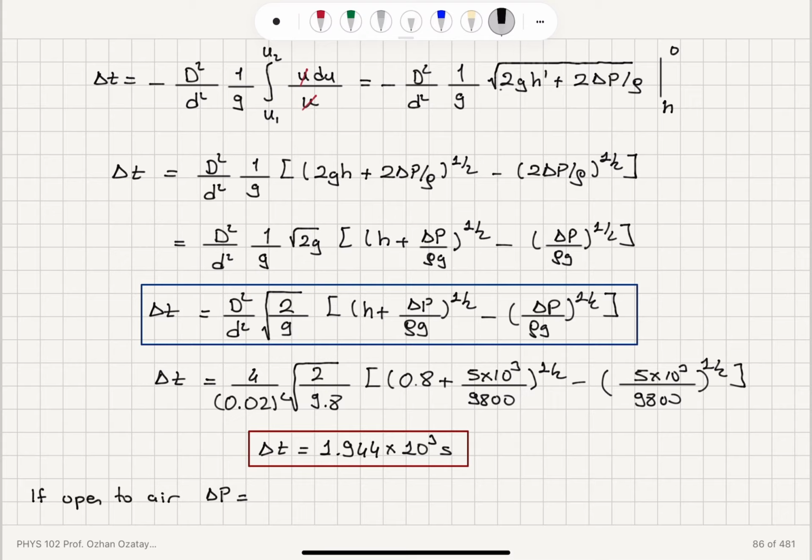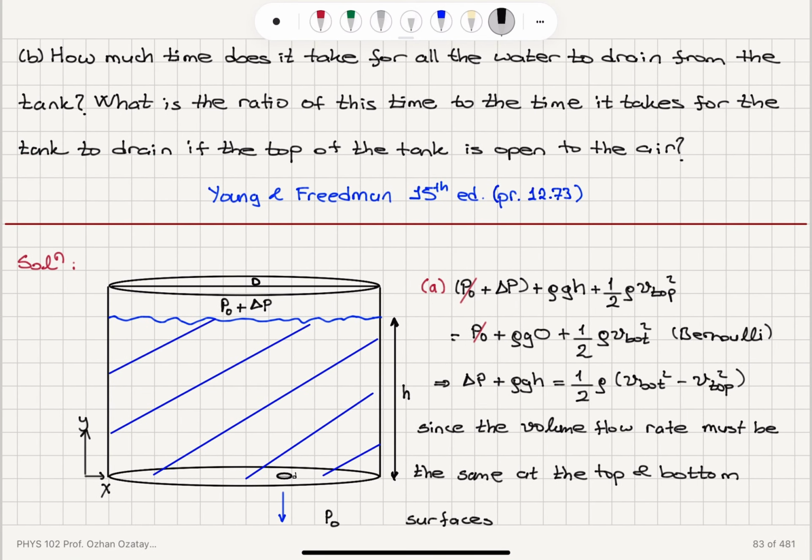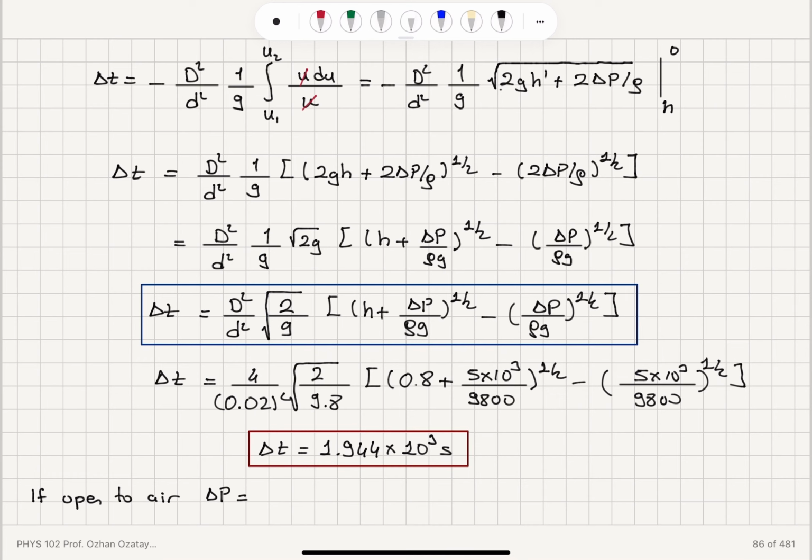Now, it was also asking me in part B, what is the ratio of this time to the time it would take if the top of the tank is open to air. If it is open to air, then I have delta P equal to 0 pascals. There will be no gauge pressure.